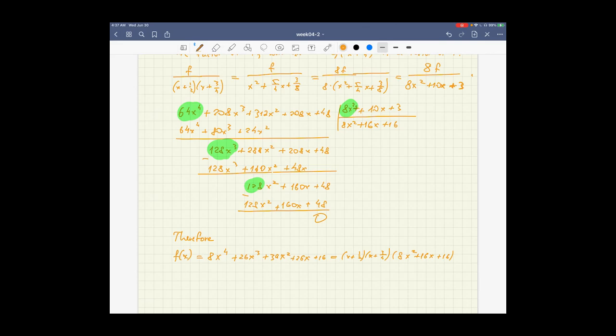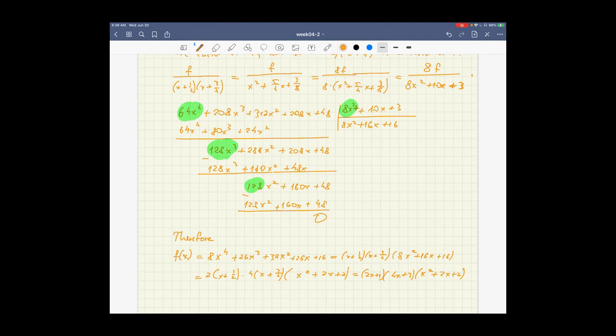We can write it in a nicer way if we factor out 8 and write 8 as 2 times 4. It'll be 2 times x plus 1/2, 4 times x plus 3/4, and here I have x squared plus 2x plus 2. So that'll be 2x plus 1, 4x plus 3, x squared plus 2x plus 2.